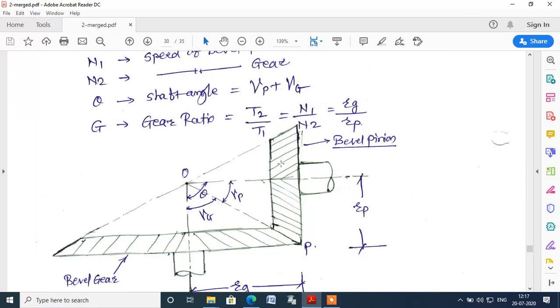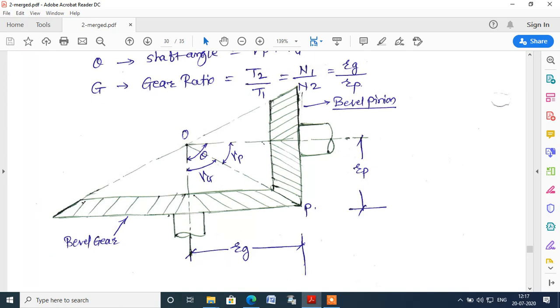Draw this figure in your notebook. So this is the bevel pinion having the shaft axis, and here this is the bevel gear wheel, having its axis. If you see carefully, these two axes are intersecting at point O, and the angle between these two shaft axes is nothing but theta, and that is always 90 degrees. See here, exactly perpendicular.